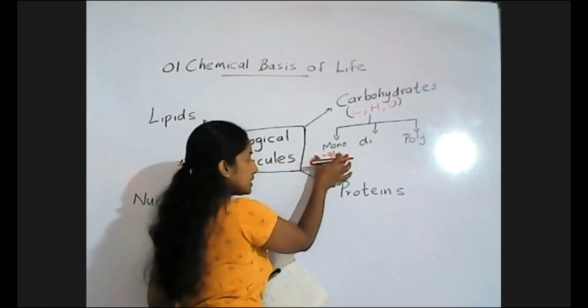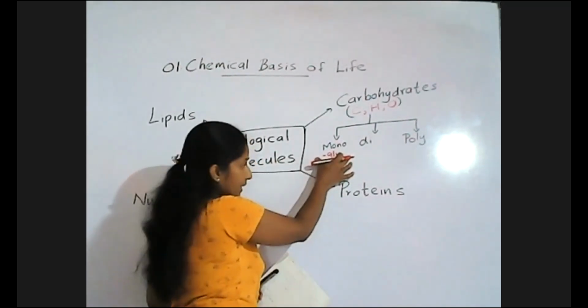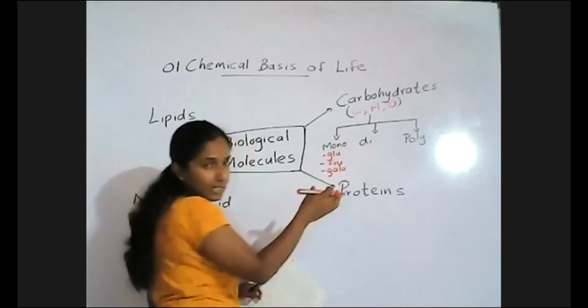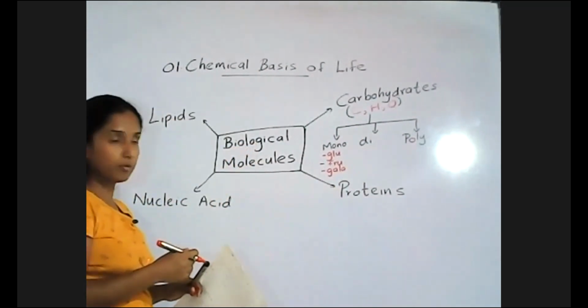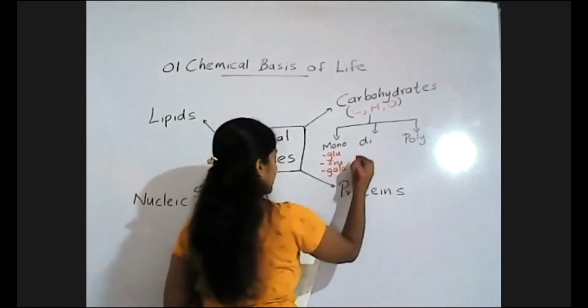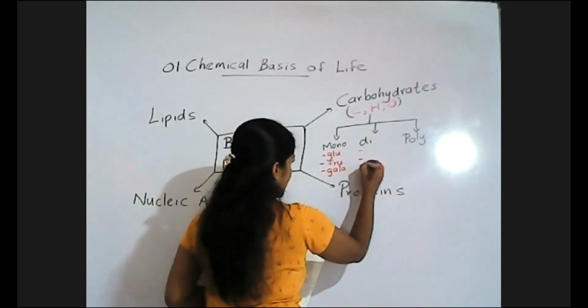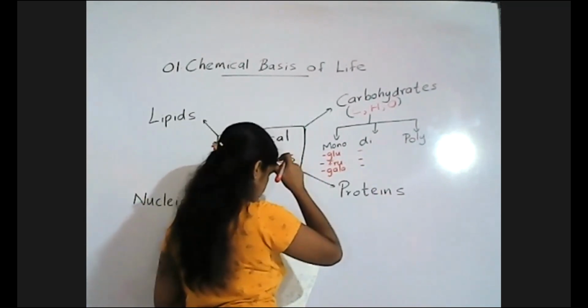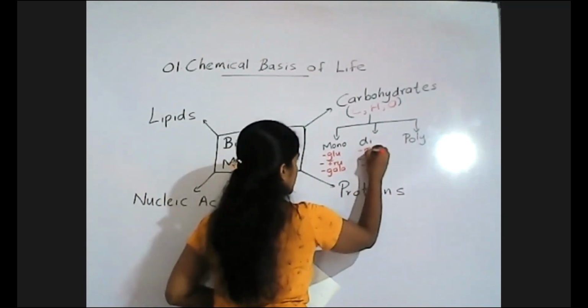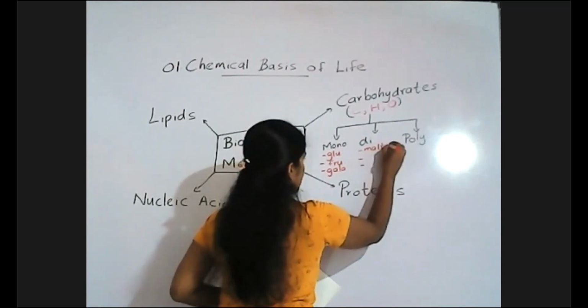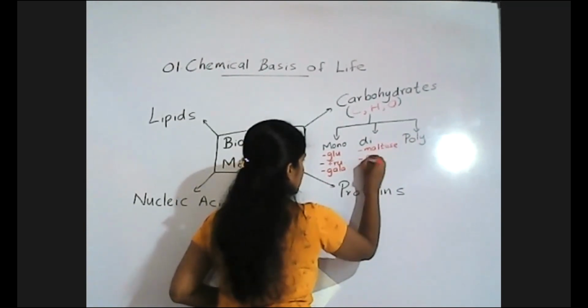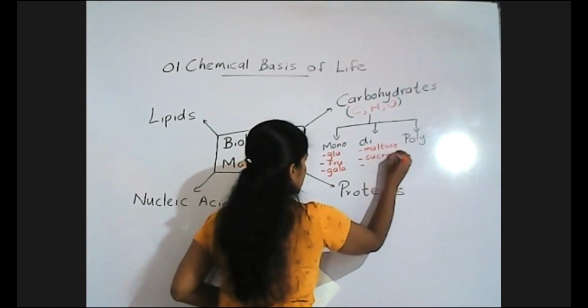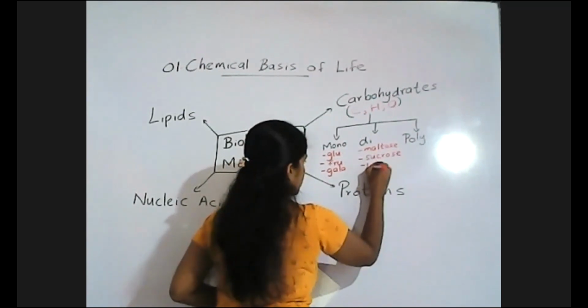By the combination of 2 monosaccharides, it forms a disaccharide with the release of a water molecule. There are 3 disaccharides given in your book: maltose, sucrose, and lactose.